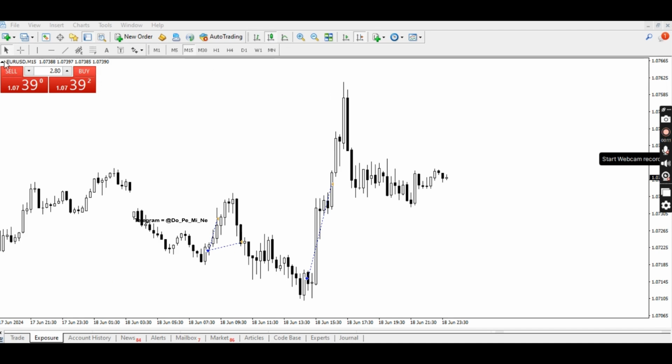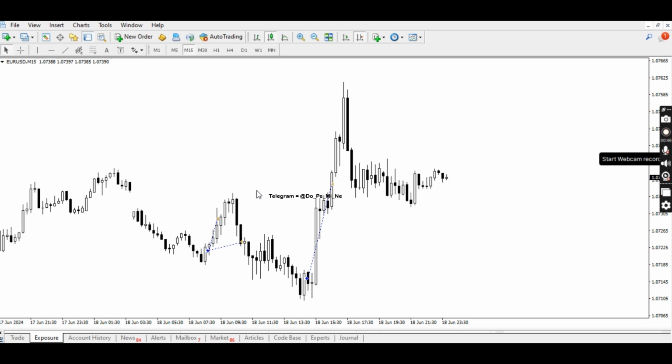Okay, so this is my execution right here. You can see, first of all, I took my entry right here at this order block, which was a marketable entry, and I took some partials right here at the 50% of the range, and then I got out of the rest of the trade right here at break even, and then I waited for another opportunity and took my entry right here at this order block, and then rode it till this CRT high right here.